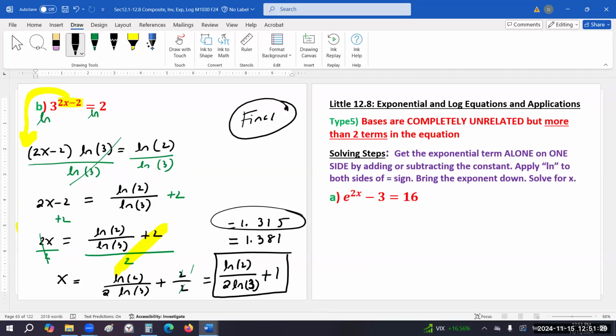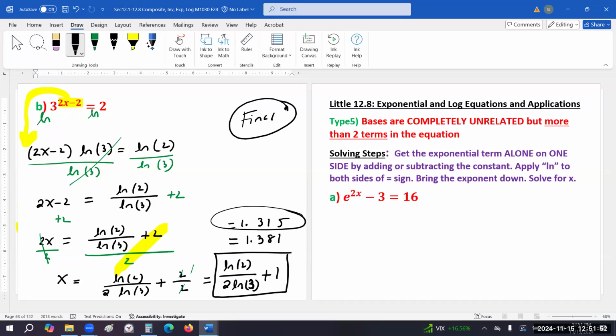Now the last type. The difference between this one and the previous one is two things. One is here, our base is specifically e. And the second difference is we don't have only 2 things, we have 3 bases. Now when we have 3 things, it doesn't matter what our base is.